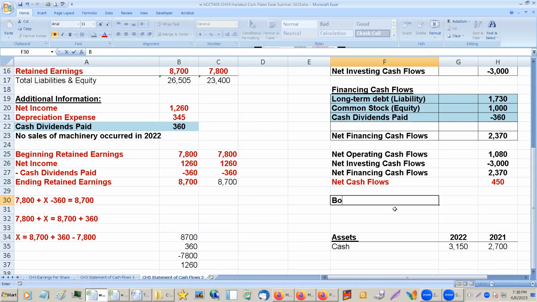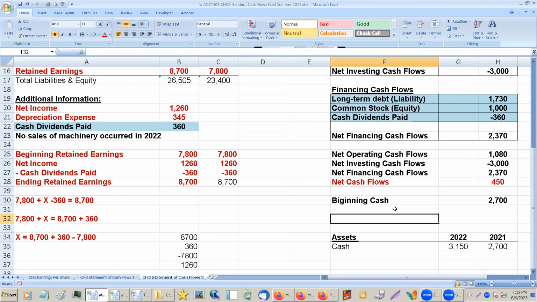So our beginning cash will be 2,700. Our ending cash, if we add these two together, it should come out to that 31, and I think it does.